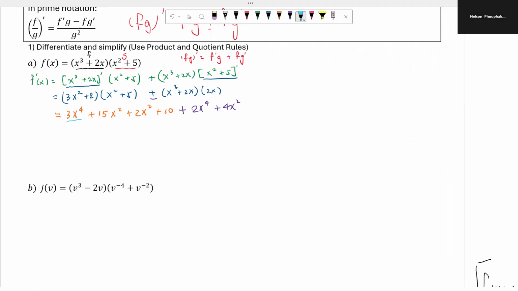So this one, this one. So I'm going to have 5x to the fourth. And now I have 15x squared plus 2x squared plus 4x squared. So in this case, I will have 21x squared.